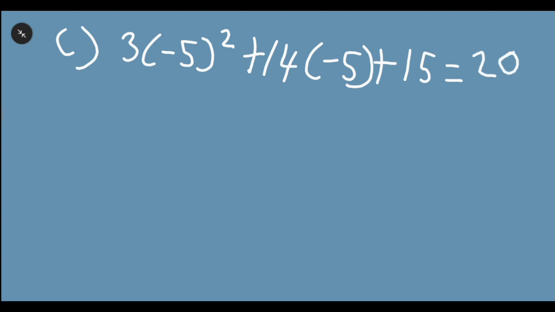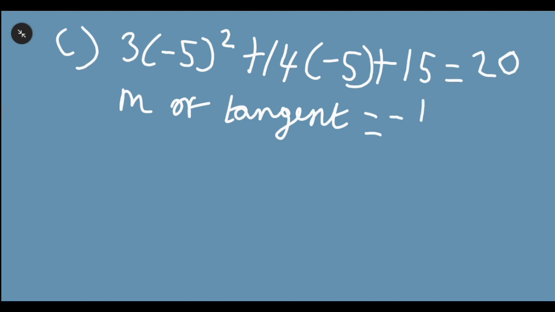So that's the value of dy over dx, or the gradient of the normal. But the gradient of the tangent, so let's say the gradient is m of the tangent, is going to equal minus 1 over 20. So that would be our answer here.